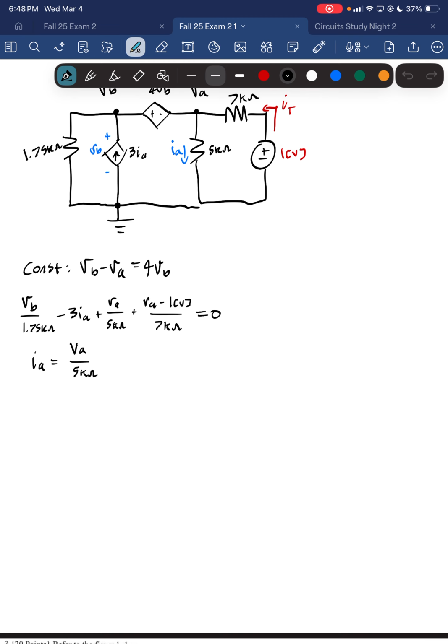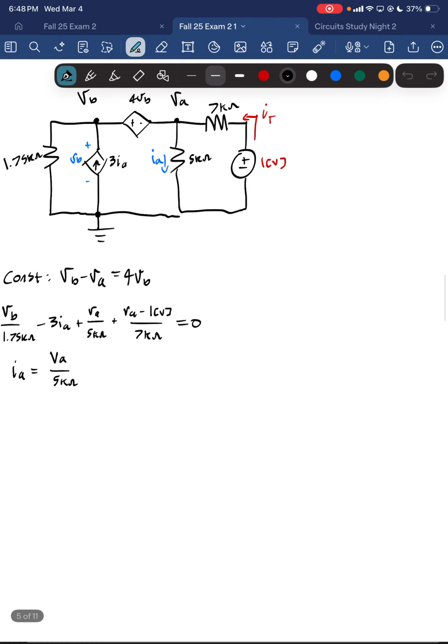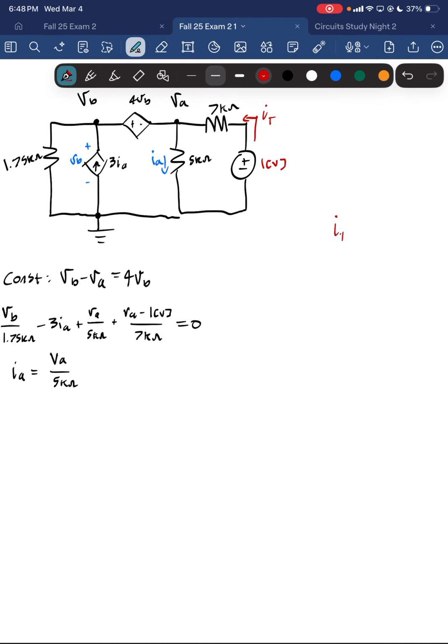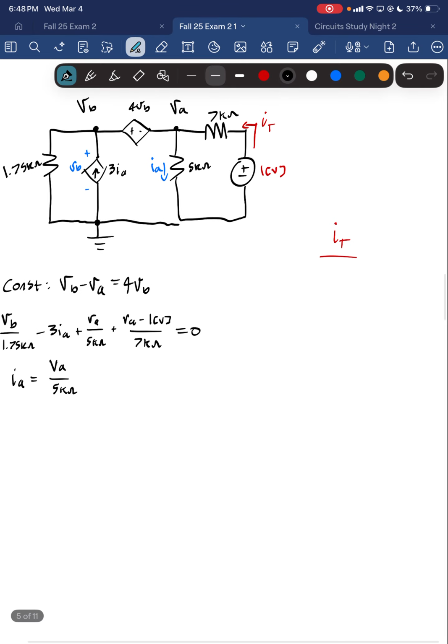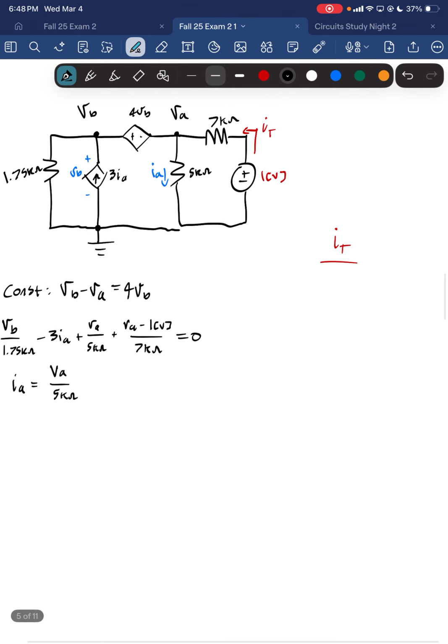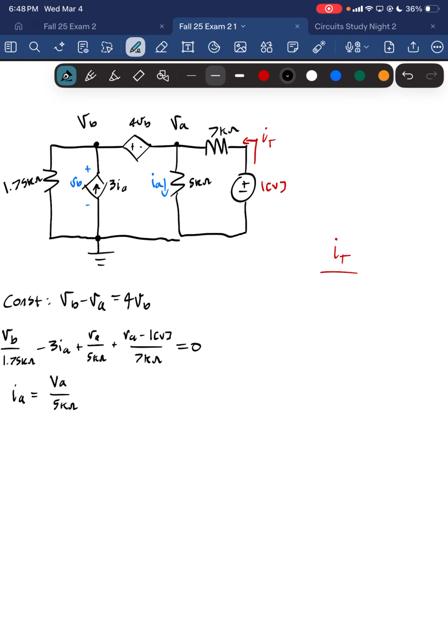Okay, so you solve those equations. Remember, what we're looking for is IT, but we can safely bet that we're going to need VB, VA, and IA in order to be able to solve for it. At least one of them, right? And I don't actually have the values for it on what I have already. But let's write our equation for IT. And here, IT conveniently goes through a resistor. So we can use a very simple Ohm's law expression to represent the current IT. You just take the voltage on the starting side, which is 1 volt, because this node right here is 1 volt, right?